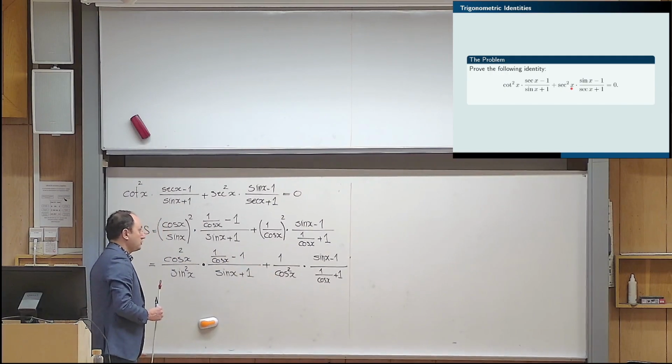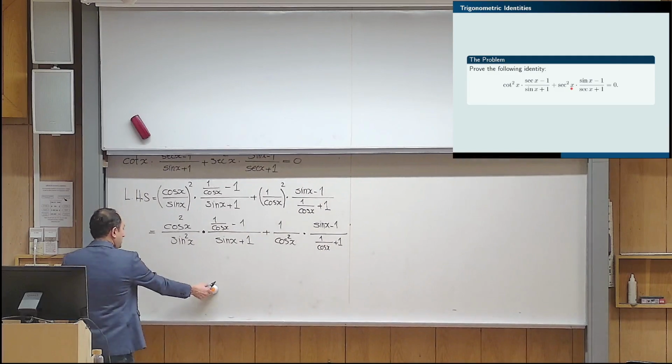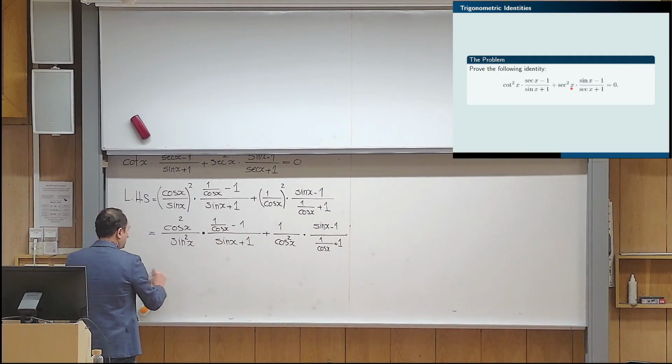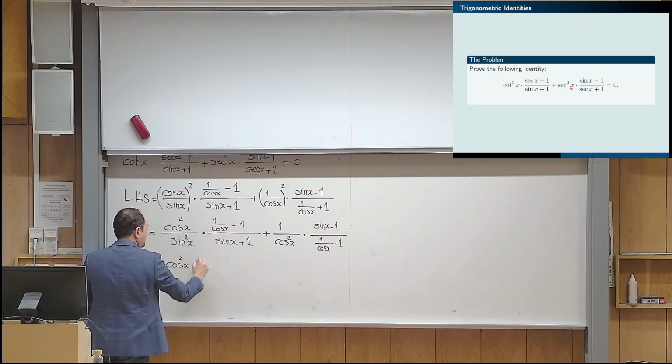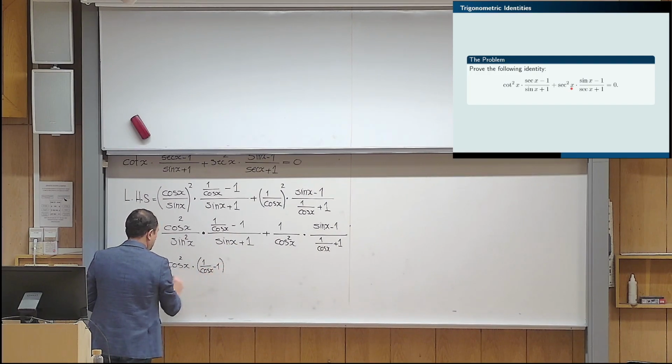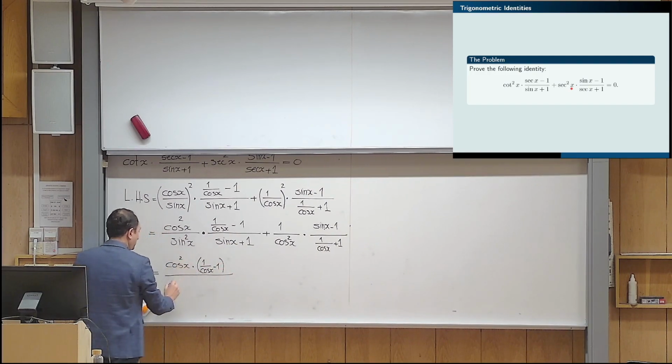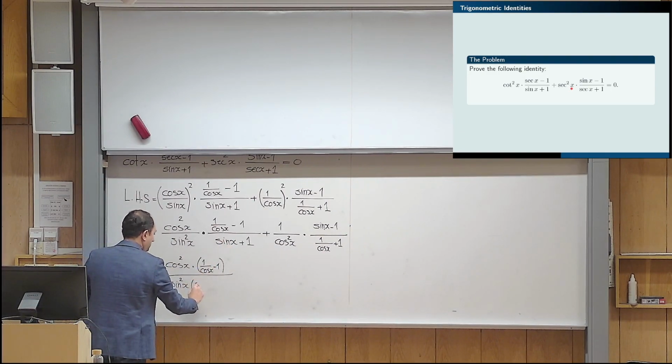Okay, so I will just do that. Let me be patient and write everything in detail. So this becomes the numerator of here multiplied by the whole numerator there, divided by the denominator here multiplied by the whole denominator there.